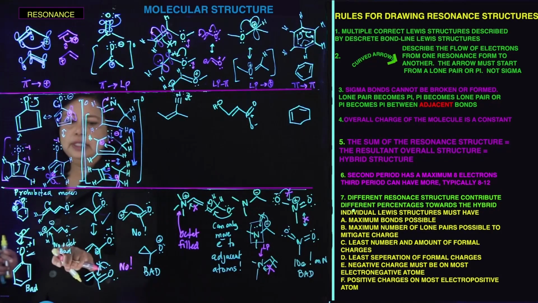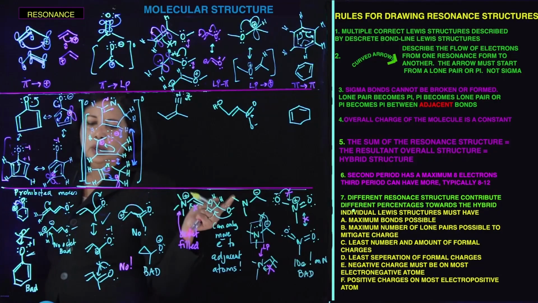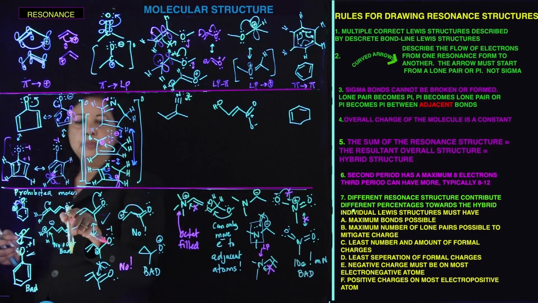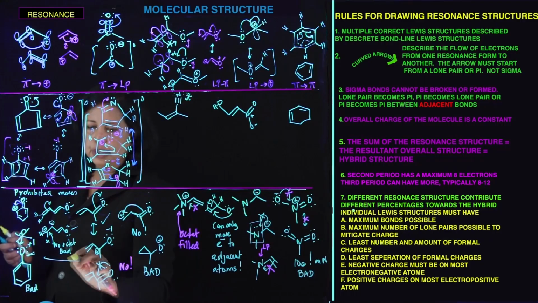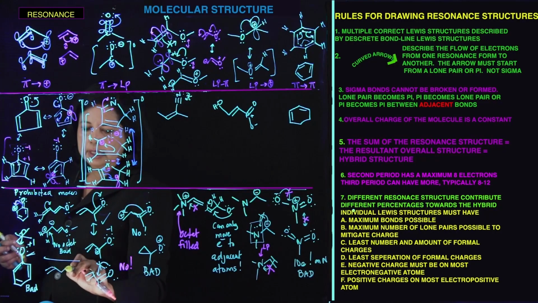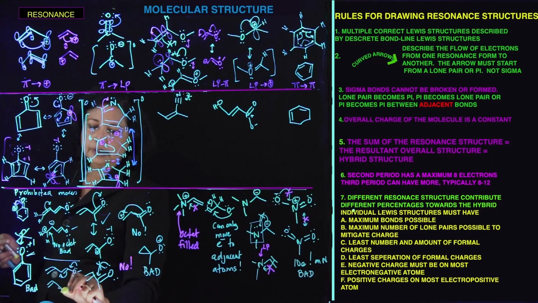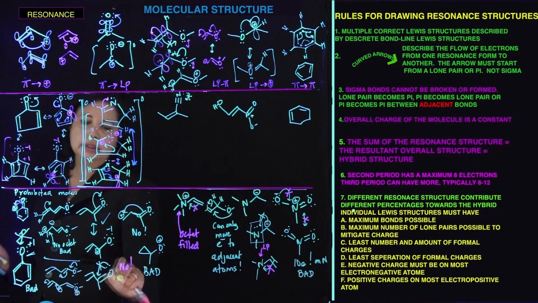If this is bad and you shouldn't start here, where should you start? It's best to start at the oxygen. So here, if you start at the oxygen, you are not going to violate octet rule. So here's an octet. Here's an oxygen positive, but it's got an octet. And then, you can keep going, so on and so forth.